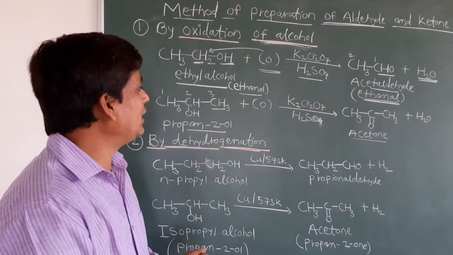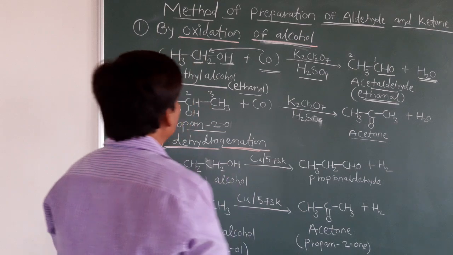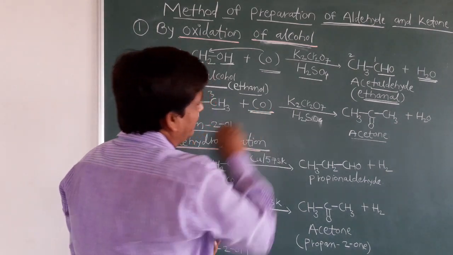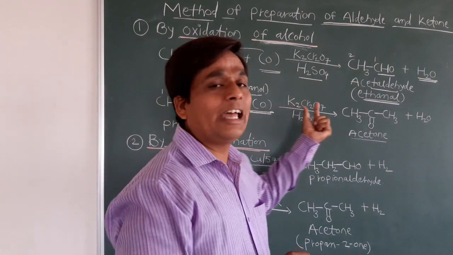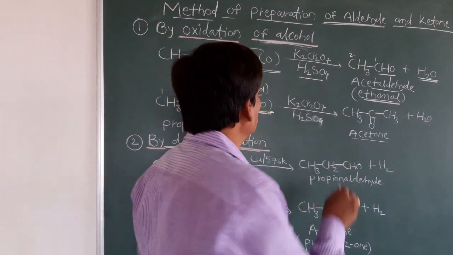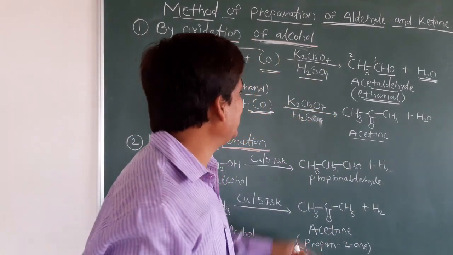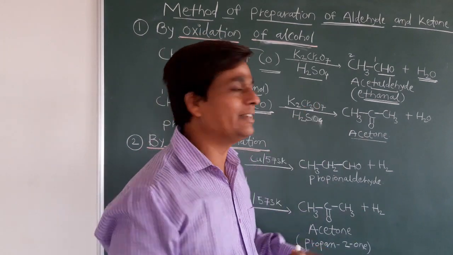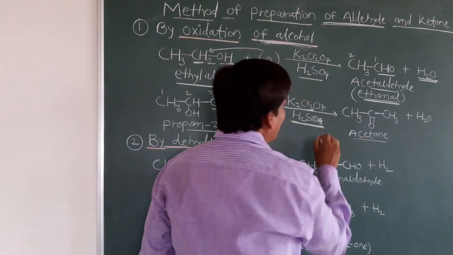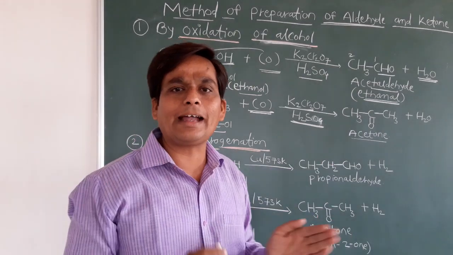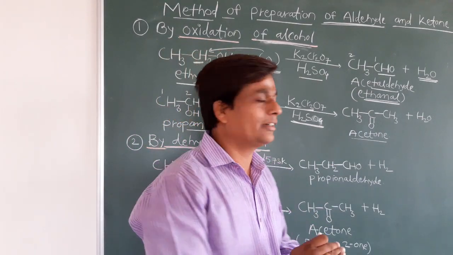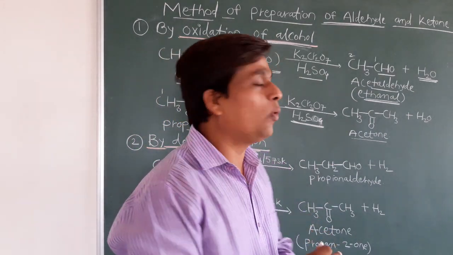So this propan-2-ol undergoes oxidation. Here the same oxidizing agent I am using, potassium dichromate, K2Cr2O7, a strong oxidizing agent, and sulfuric acid, which acts as a dehydrating agent. Dehydrating means it removes water molecules.